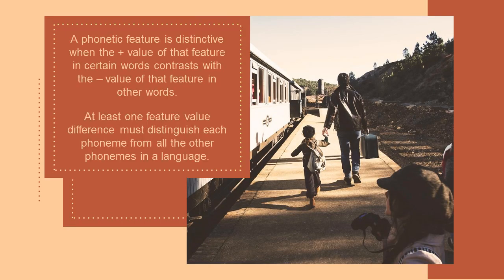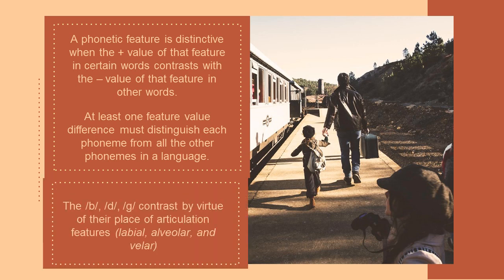A phonetic feature is distinctive when the plus value of that feature in certain words contrasts with the minus value of that feature in other words. At least one feature value difference must distinguish each phoneme from all the other phonemes in a language.